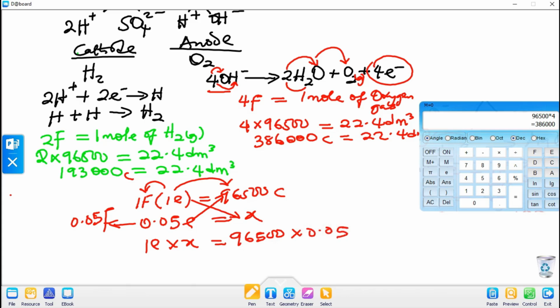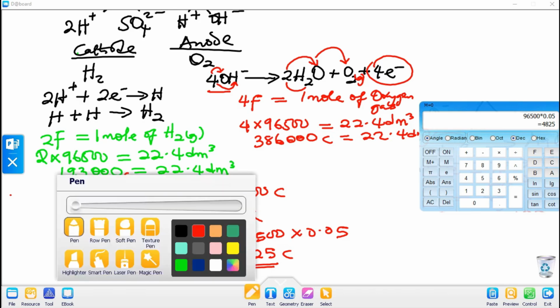So 1 mole of electrons times X is still X. That is 1X, equal to 96,500 times 0.05. What will it be? It gives us 4,825. So it means that the quantity of electricity that was passed into that acidified water is 4,825 coulombs of electricity, which is the same thing as 0.05 moles of electrons.